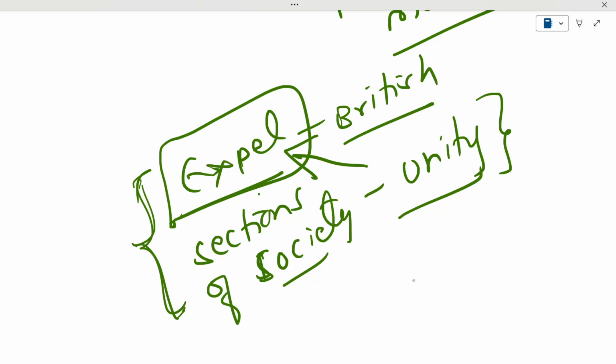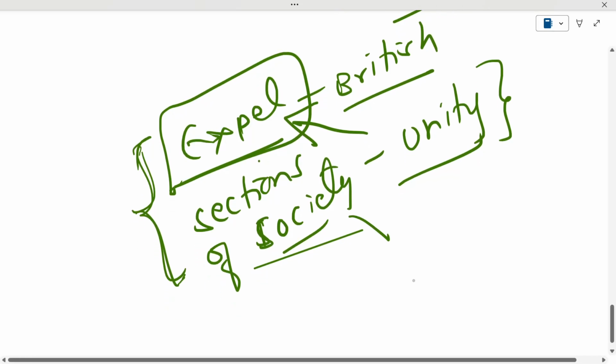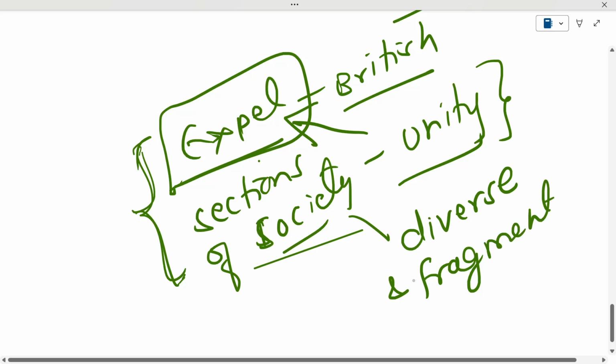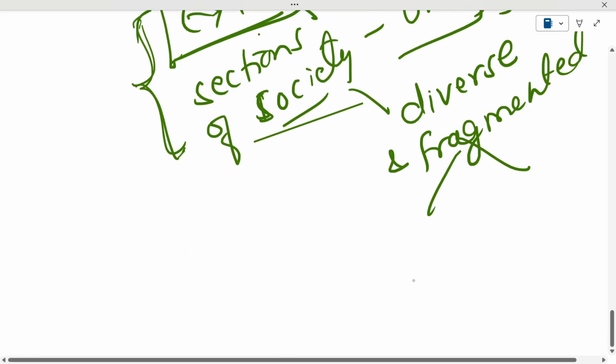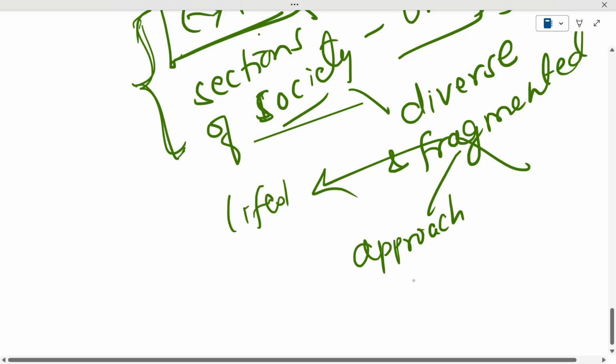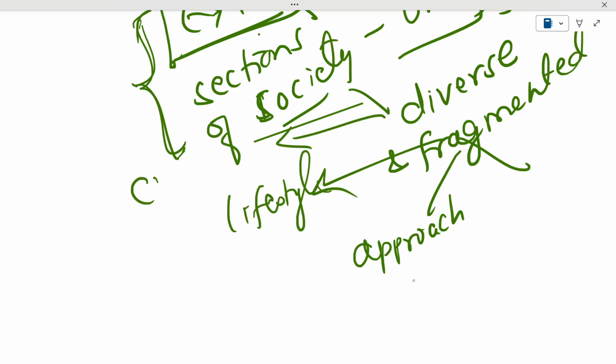But the sections of our society were so diverse and so fragmented, both in their approach and in their desires. Fragmentations in their approach, their lifestyle, their cultures, and their expectations.